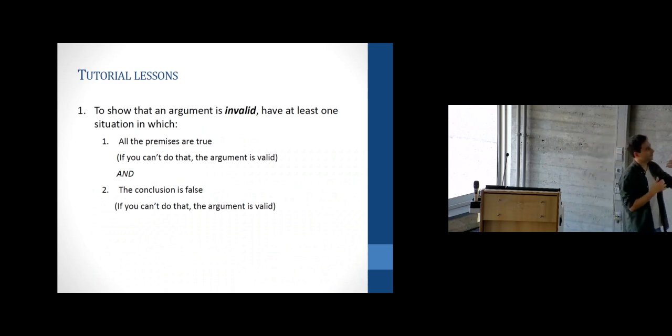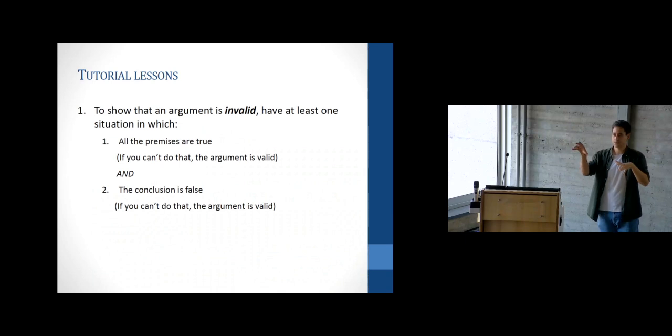So to show that an argument is invalid, I have to have at least one situation in which all the premises are true and the conclusion is false. And if you cannot do that, then the argument is valid. It's the same definition, but we're following a procedure that makes it easier to detect validity and invalidity.